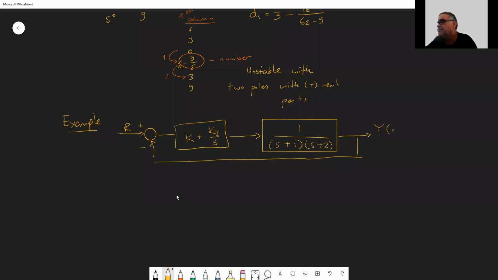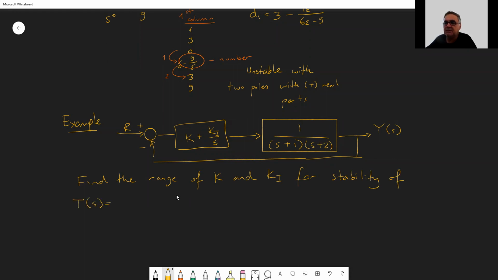This is Y of S, the output Y. So we want to find the range of K and Ki for stability of the closed loop system.